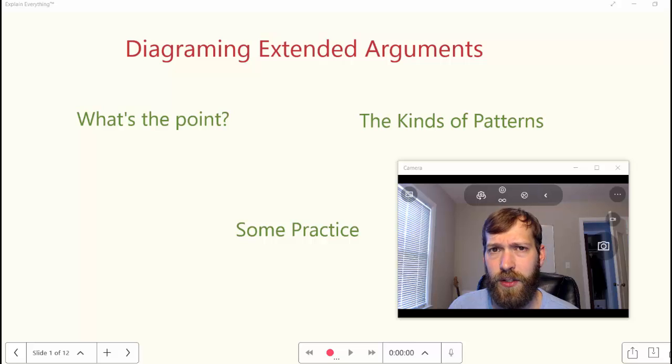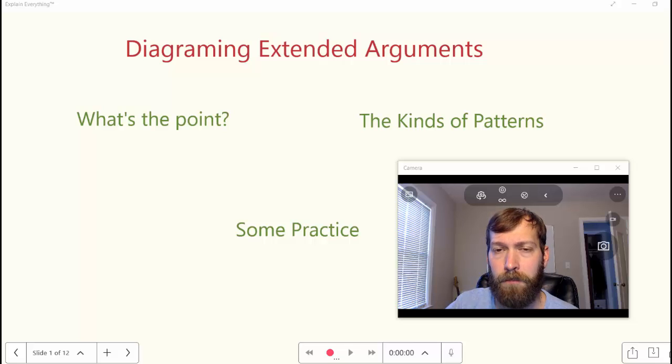And then we need to know the kinds of diagramming patterns and what they're telling us, because it's going to be a visual cue that is representing certain information to us, and in order to diagram correctly, you'll need to know what it is that the diagram is actually trying to say to us.